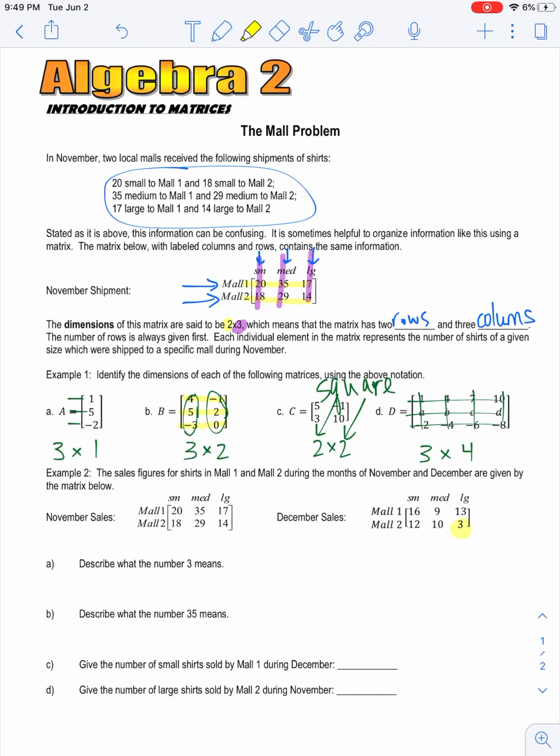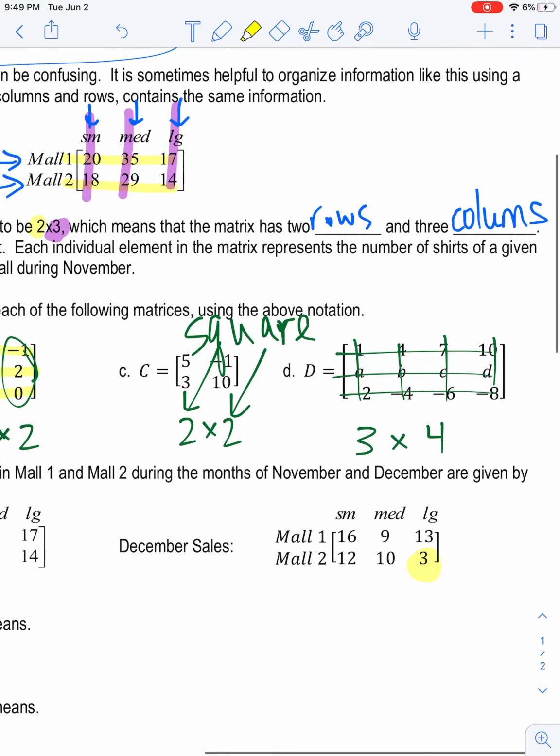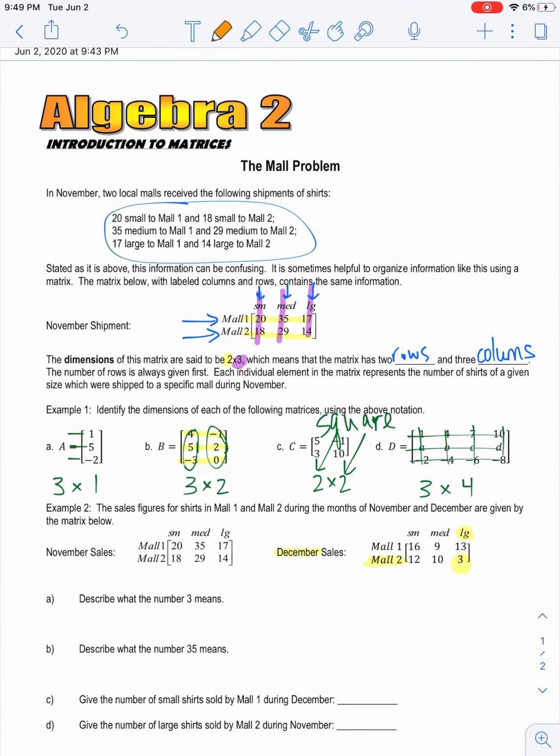And to describe what it means, there's 3 things we need in our answer. We need to know what is the size that goes with that number, which mall goes with that number, and which month goes with that number. Because we're given information here for November and December, mall 1 and mall 2, and then 3 different sizes.